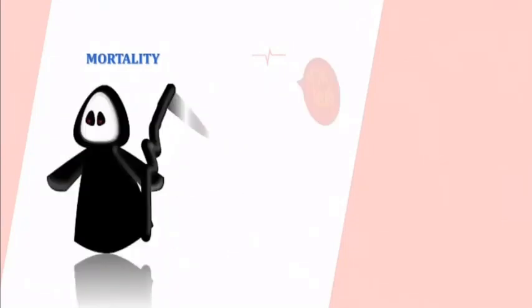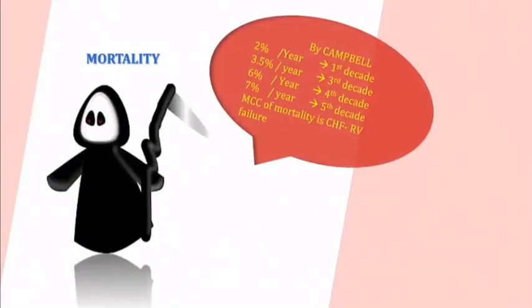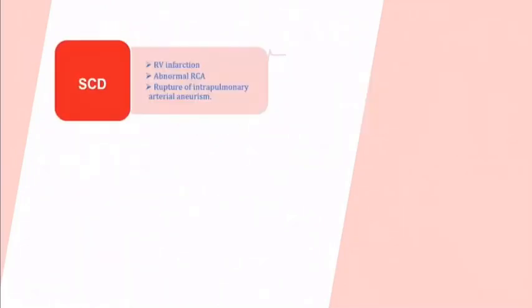Coming to mortality, as said by Campbell, it is around 2%, 3.5%, and 7% per year in the first, third, and fourth decade respectively, the most common cause of mortality being heart failure and congestion. There can be cases of sudden cardiac death.